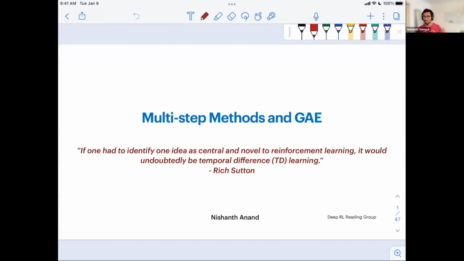And then the view of TD lambda as temporal credit assignment, how we can relate the TD lambda algorithm as a method solving temporal credit assignment efficiently. Finally, I'll talk about GAE, which uses many of the concepts and ideas I'll talk about throughout as an advantage estimate to get state-of-the-art performance on many control tasks.